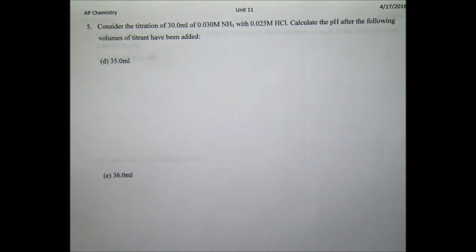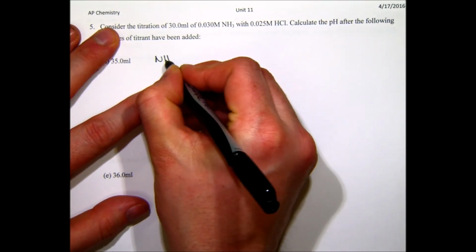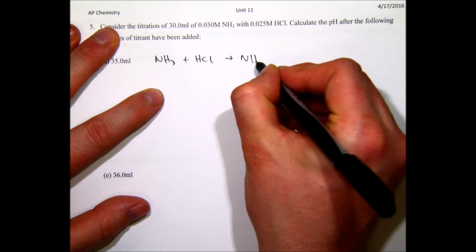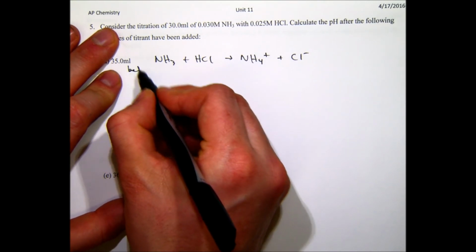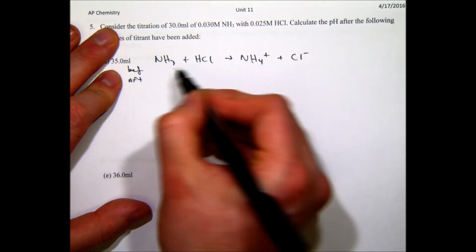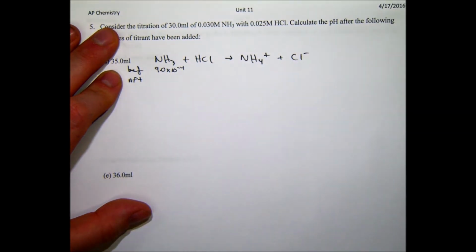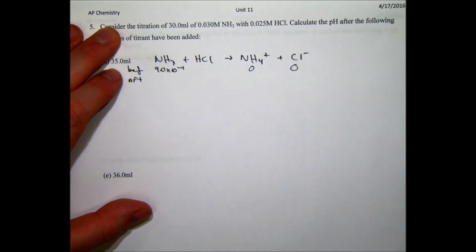So we're just going to adapt now and do 35 milliliters. So NH3 plus HCl, one-way reaction, NH4 plus Cl minus. We have before and after, 9.0 times 10 to the negative 4, 0 and 0.